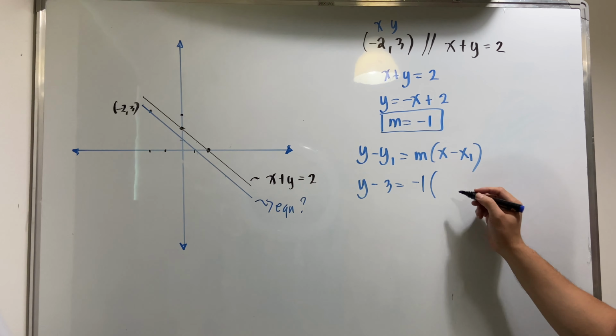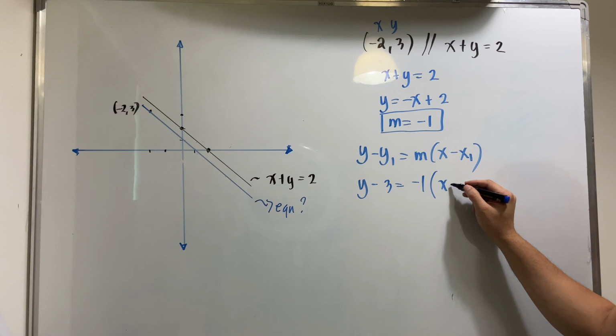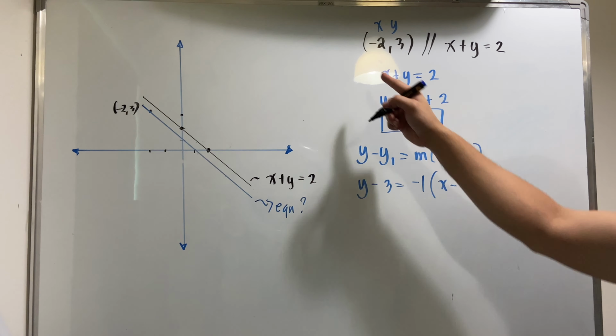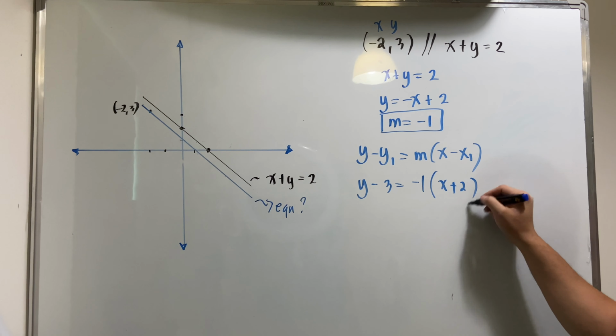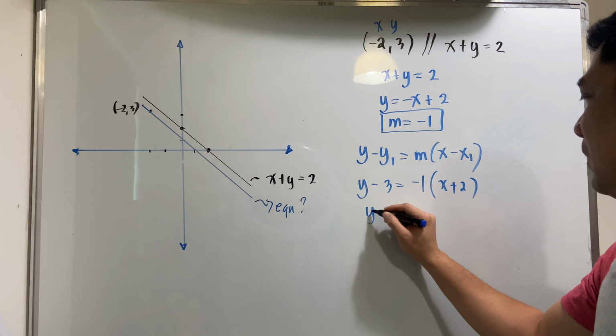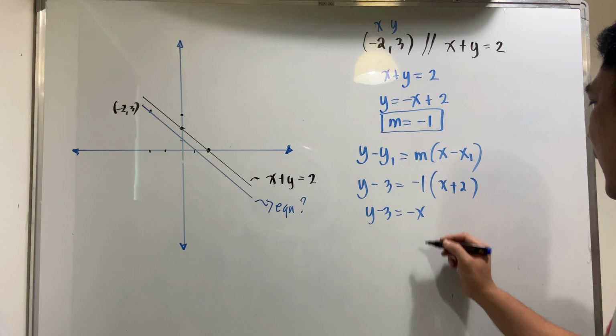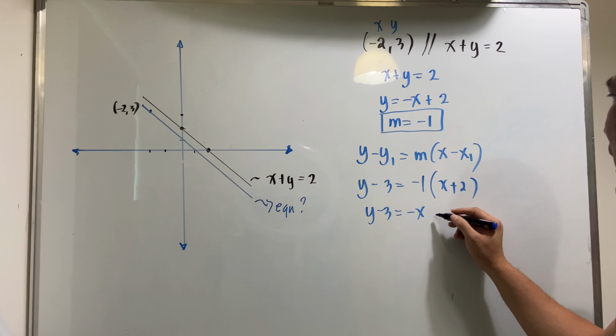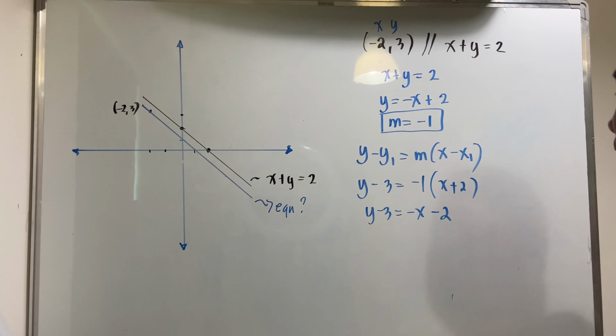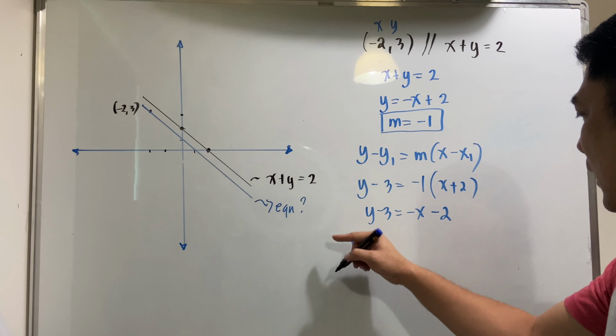x minus, that is positive, so plus 2. So y minus 3 is equal to negative x plus, minus 2. Okay? So y, ito ilagay na natin sa other side.